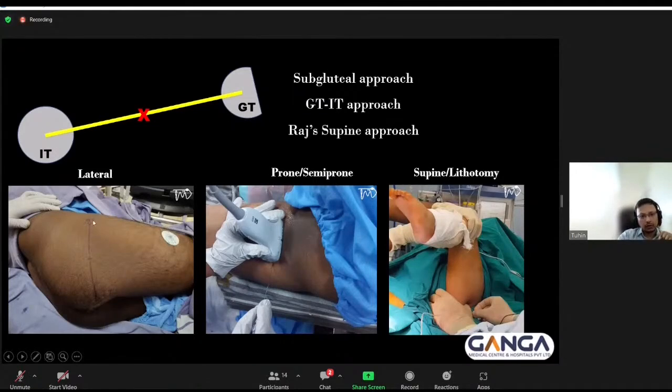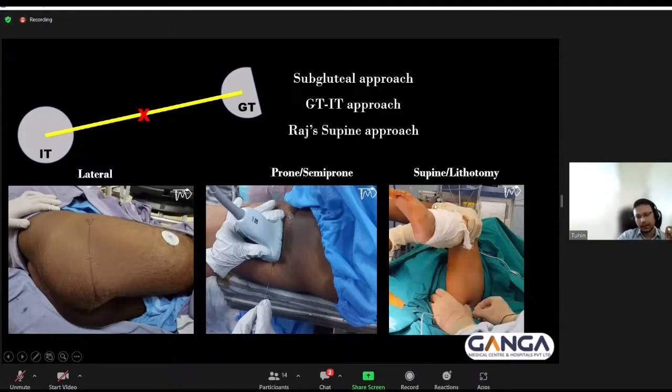These two you have to identify, and then the midpoint of the line joining these two important bony landmarks. It can be performed in lateral position, prone or semi-prone position, supine or lithotomy position, which was described by Dr. Prithviraj, and is popularly known as the Raj supine approach, or the GTIT approach.